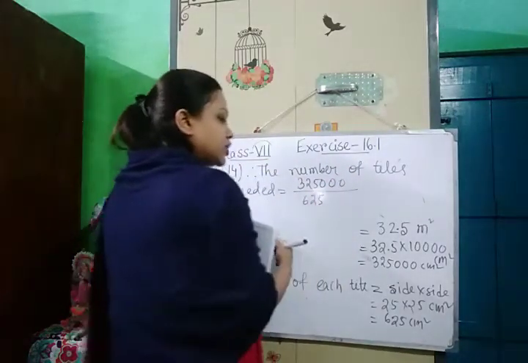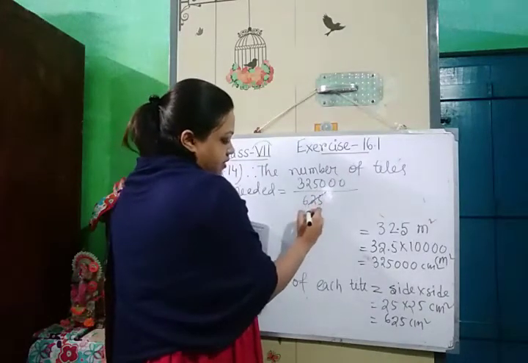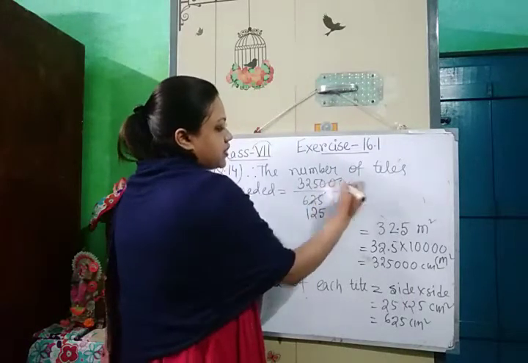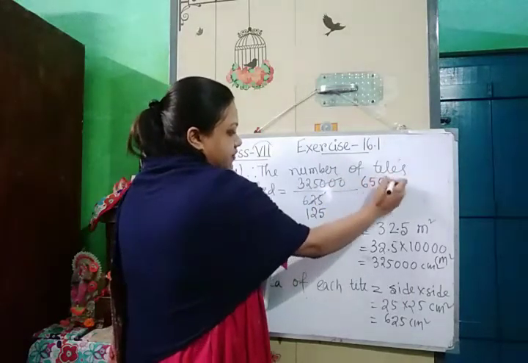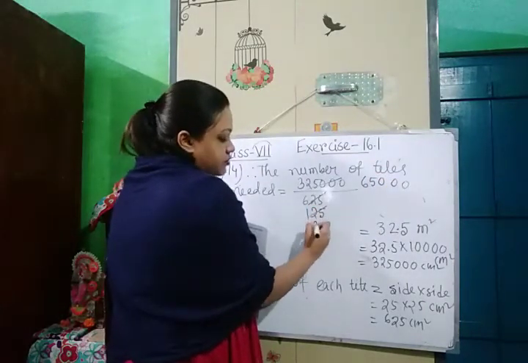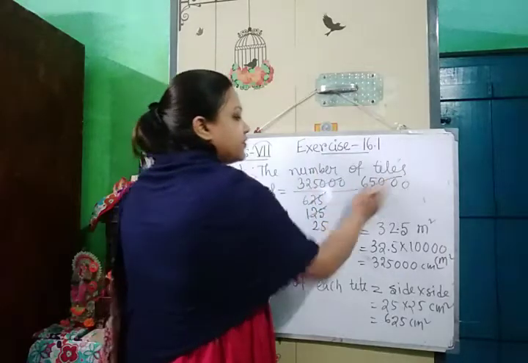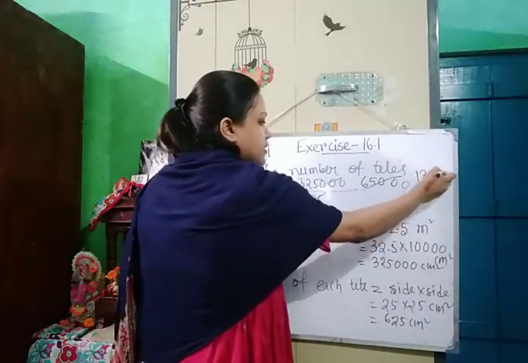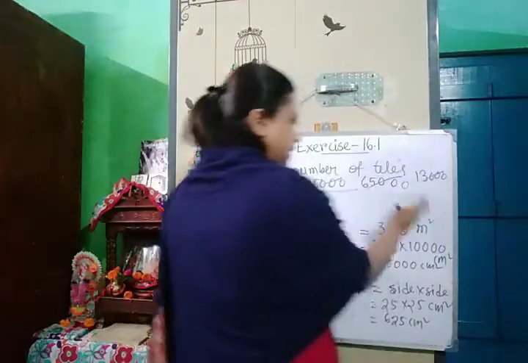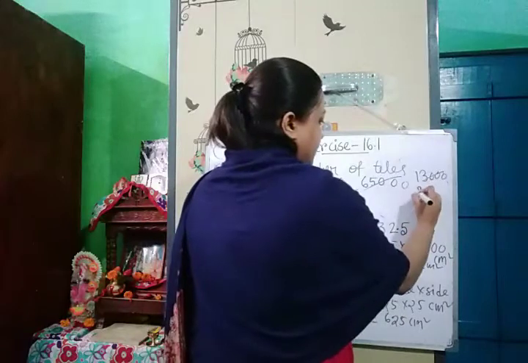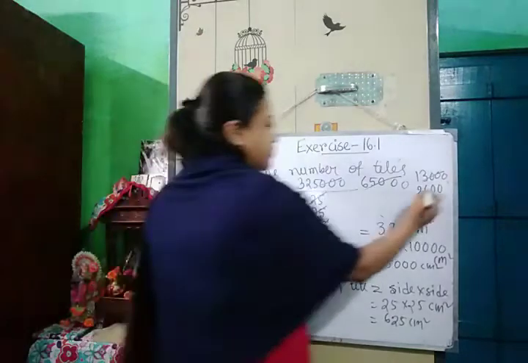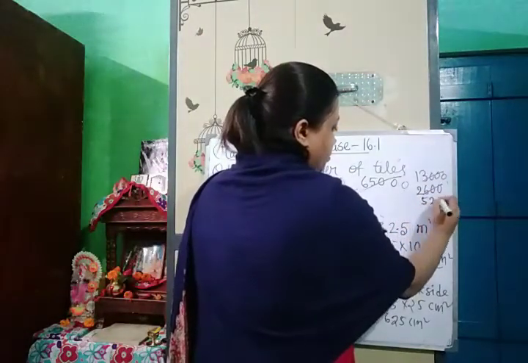Okay, now we will do the cancellation. 5 1s are 5, 5 125 is 625, 5 65, then another 3 zeros. Okay, now again 5 2s are 10, 5 5s are 25, 5 13, then 3 zeros. 5 5s are 25, and here next 5 2s are 10, 600. 5 1s are 5 and here 520.